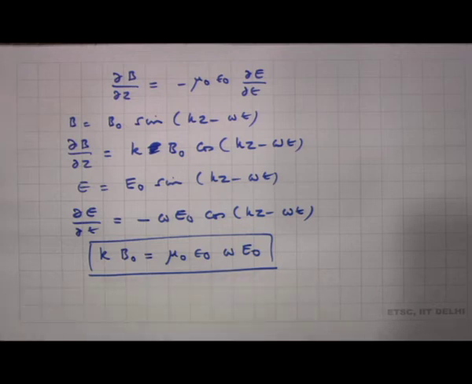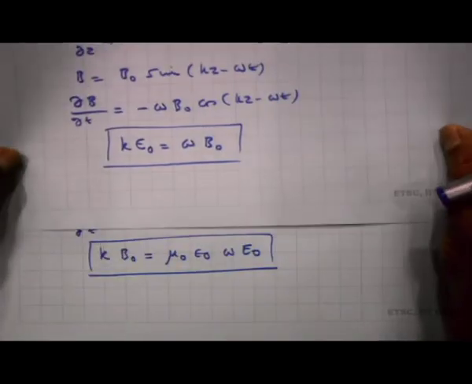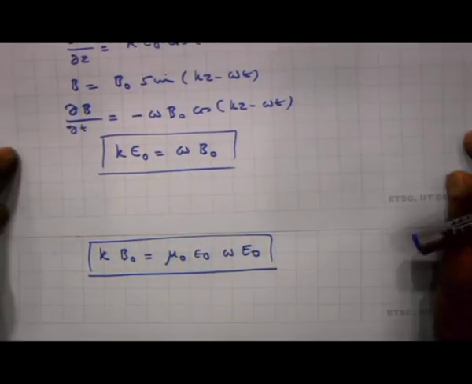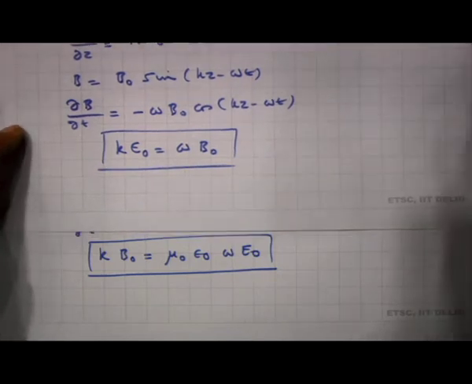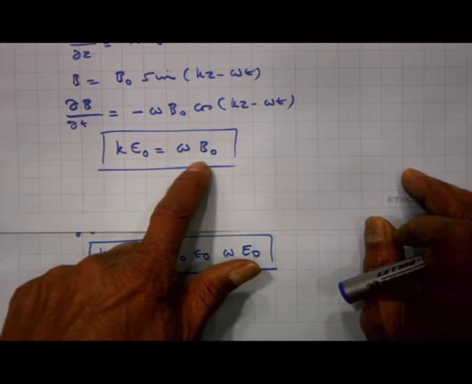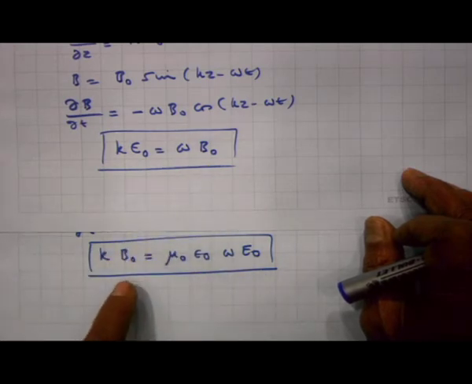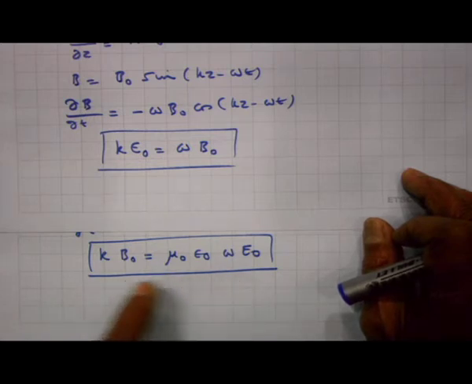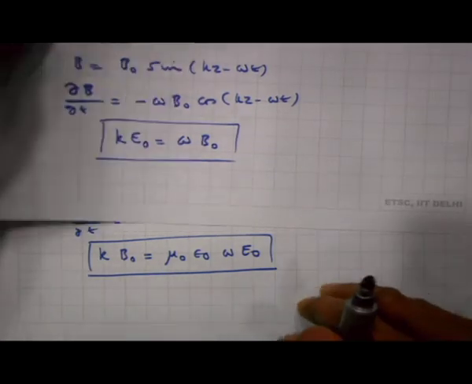Now, let me recall the other equation which I got, which is the condition to satisfy Faraday's law. So, I got two equations. If the solutions which I have written must satisfy Faraday's law of induction, E naught and B naught are related by this. If the solutions must satisfy the generalized Ampere's law, E naught and B naught are related by this. So, let me rewrite these equations and simplify.